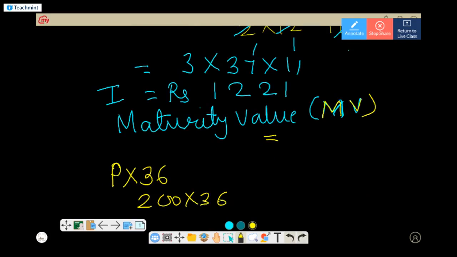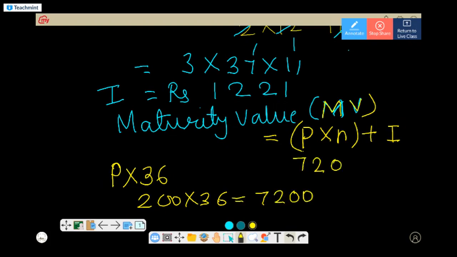The proper formula for this is P into N, and to that you're going to add the interest. So P is 200 into 36 months. 36 twos are 72, and with the zeros, for 3 years she had put 7,200.